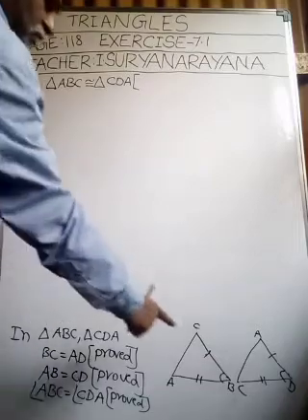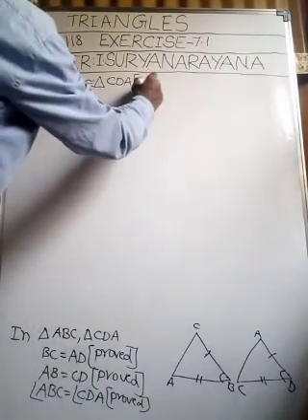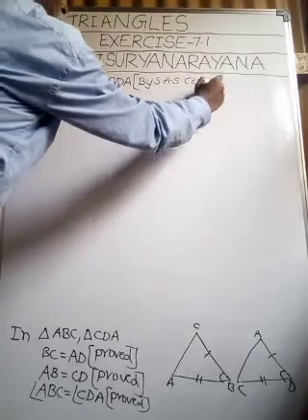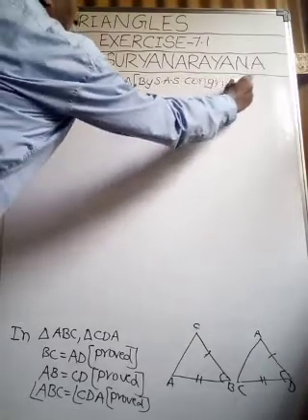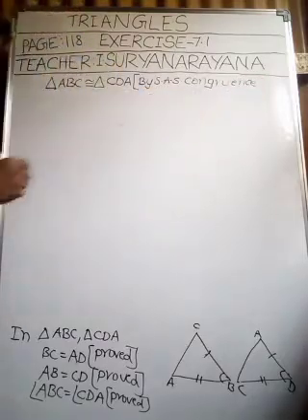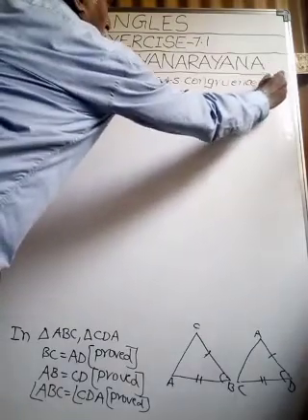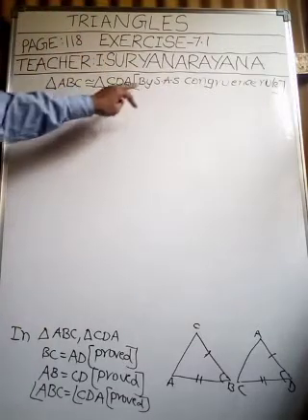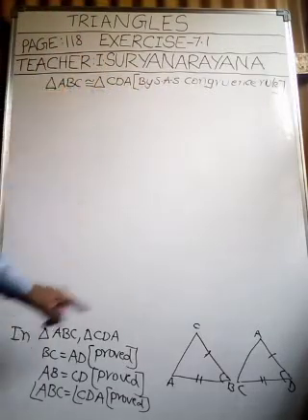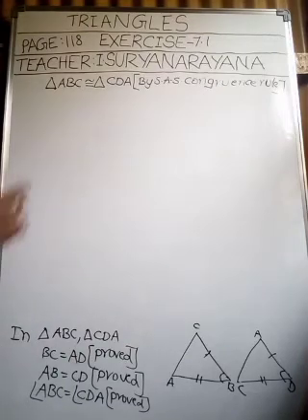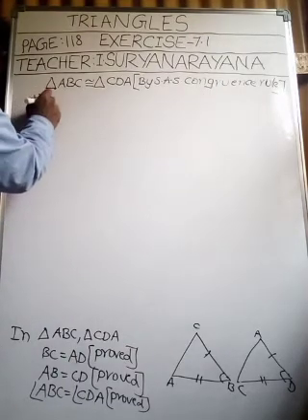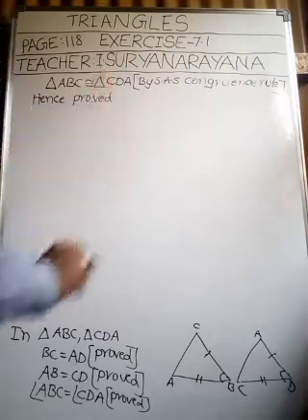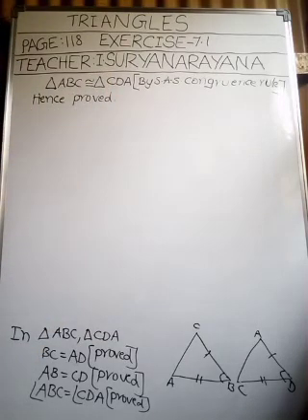By SAS congruence rule. So, by using this congruence rule, we proved here these two triangles are congruent. Hence proved. Understood, my dear children?